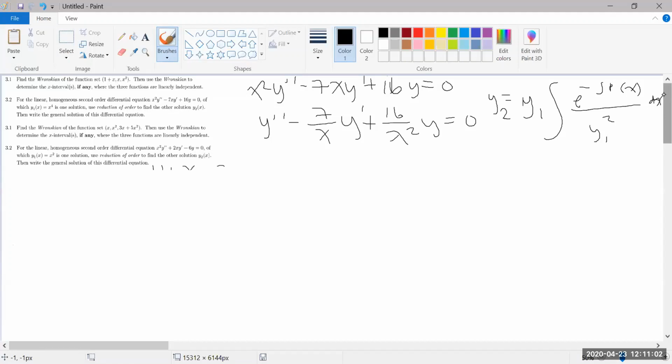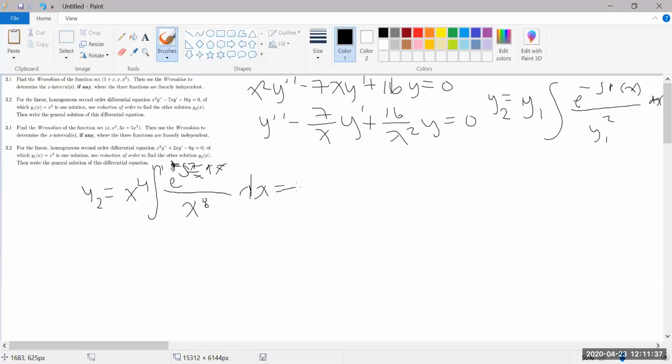We have y2 equal to our y1, which we're told is x to the 4th, times the integral of e raised to negative, and our p of x is negative 7 over x, so it's positive 7 over x dx, over our y1 squared, which is going to give us x to the 8th dx.